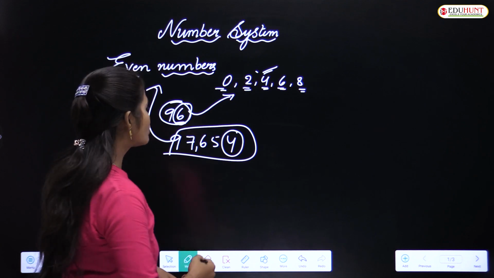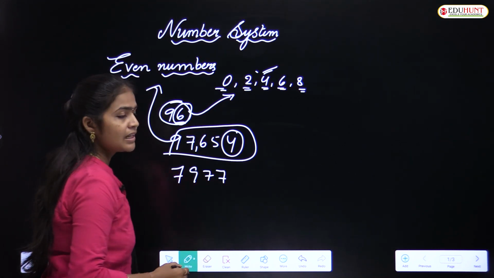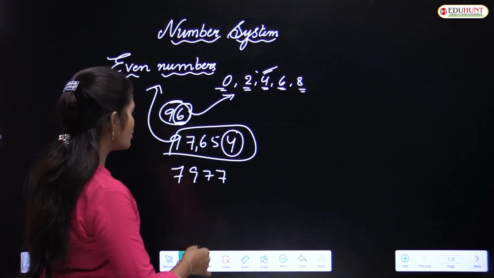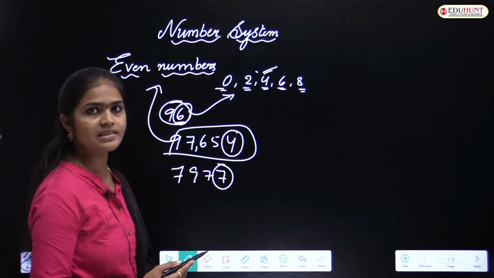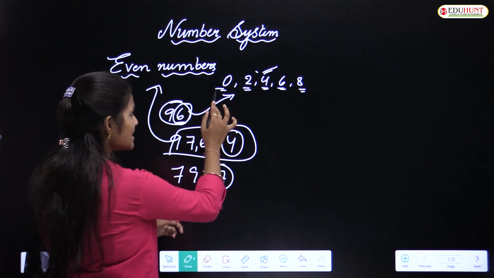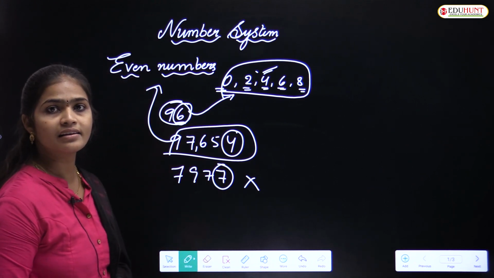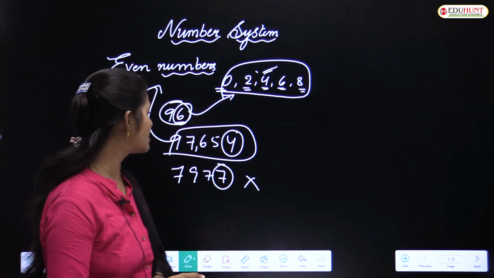Is it clear? Here I will give you another number, 7,977. Is it an even number? You just have to observe the units place digit. In the units place you have 7. Is 7 there in this list? It is not there, no? So that's why it is an odd number. We will discuss that later.